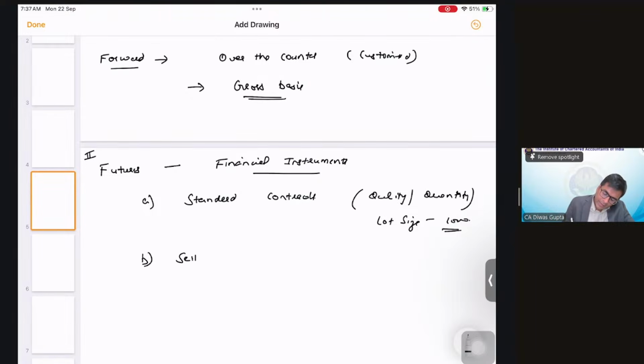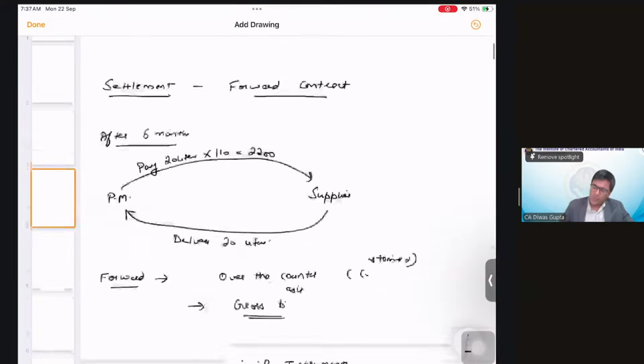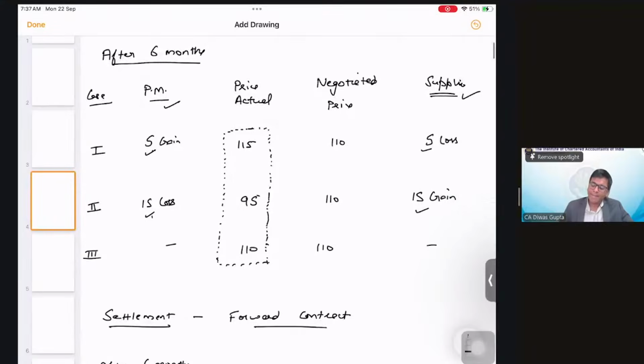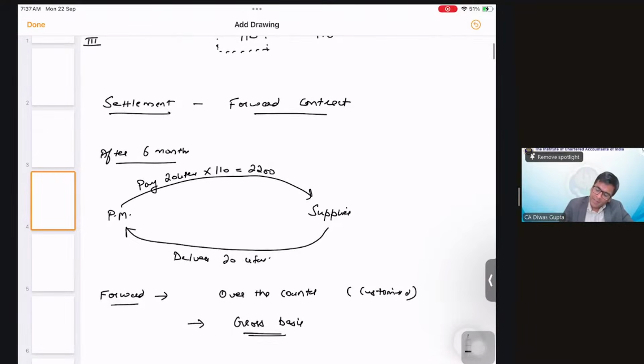And here the settlement will happen on a net basis. That means there are net payoffs. There is no actual delivery that will happen. So for example, in this case, the settlement was happening in this form, right?